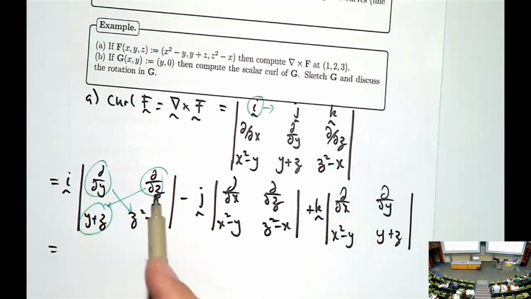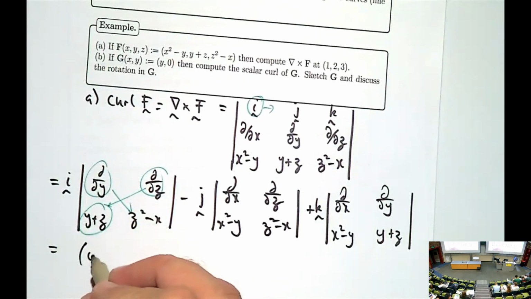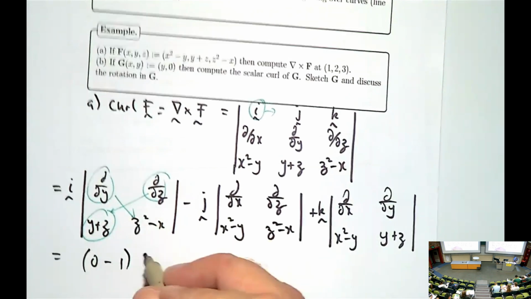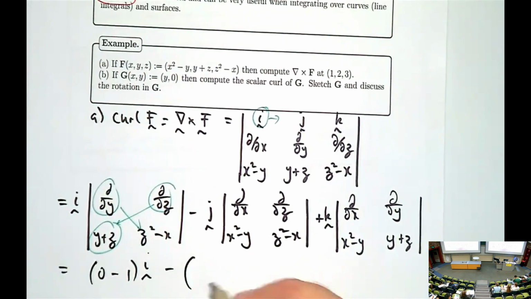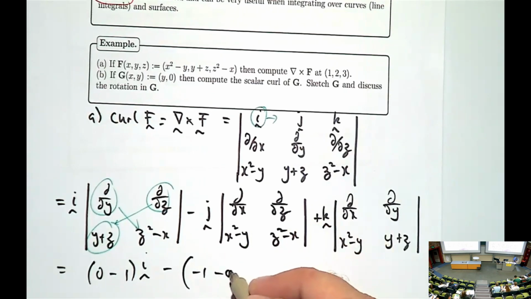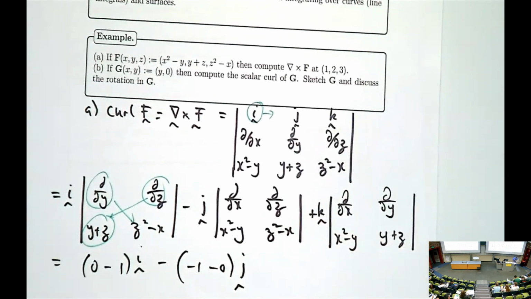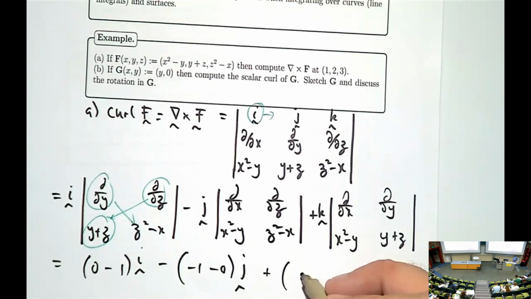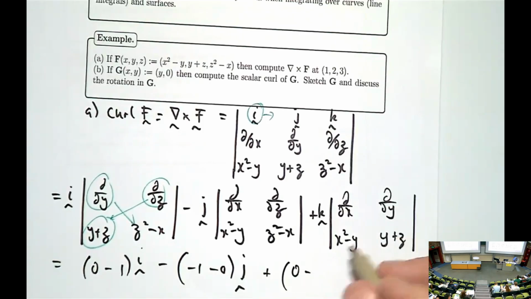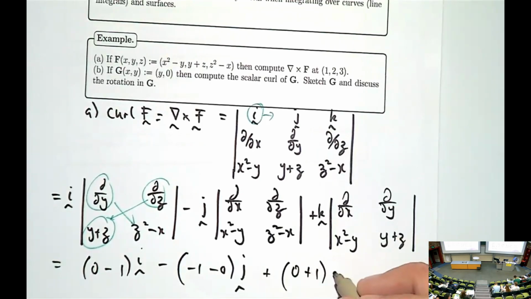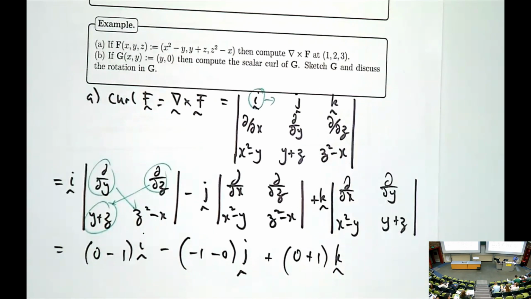So d dx of y of d dy of that's 0, d dz of that's 1, d dx of that's going to be negative 1, d dz of that's going to be 0, and d dx of that is 0, d dy of that's negative 1.